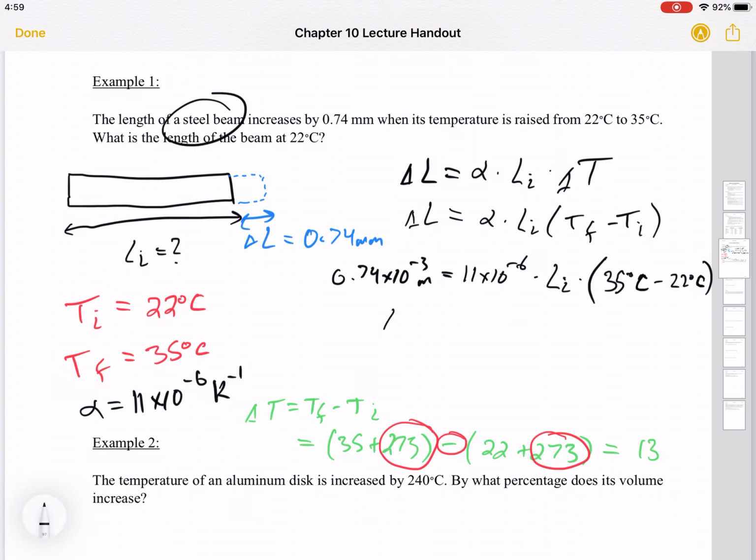So if I do this math for the initial length, let's do that quickly. So 0.74 E minus 3 divided by 11 E minus 6 divided by 13. I get 5.1 meters.